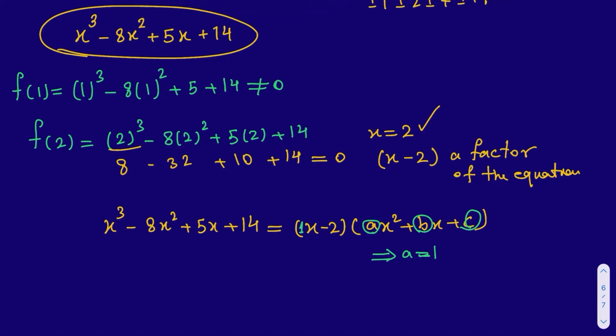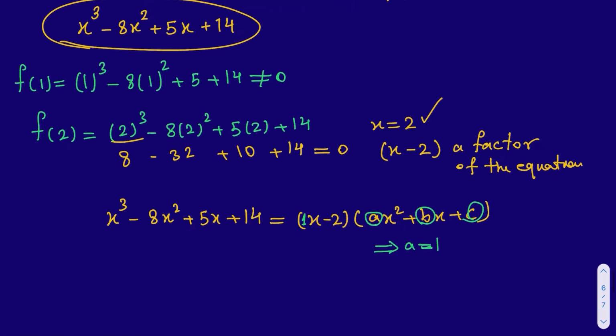But how about b? We need to skip b for now, because we have to take a second step to find b. But c we can find in this way.